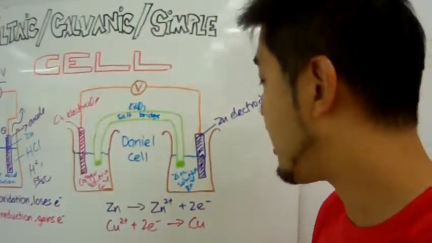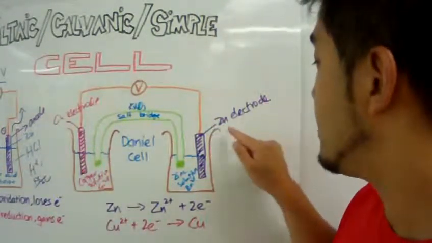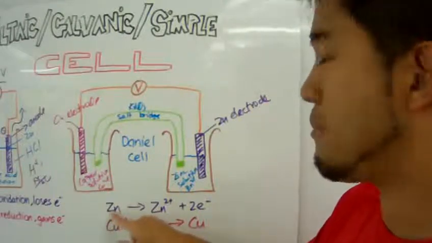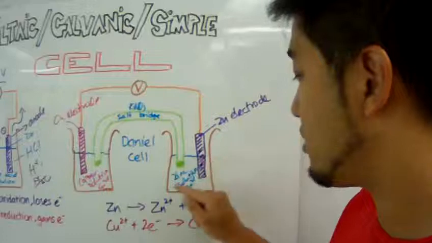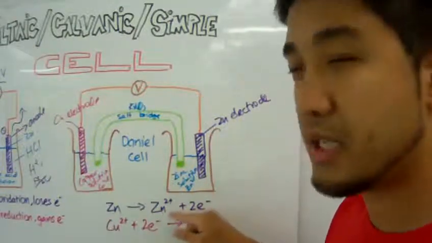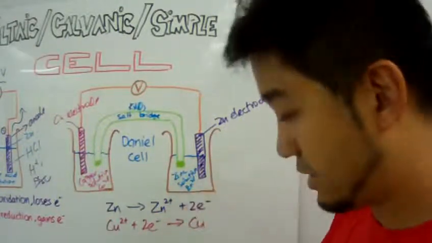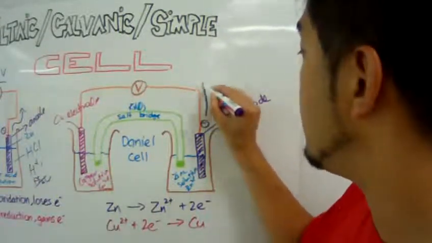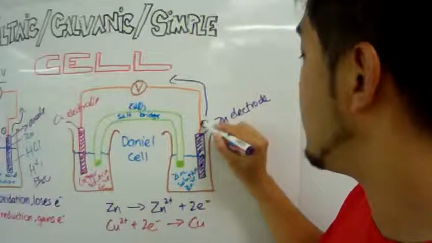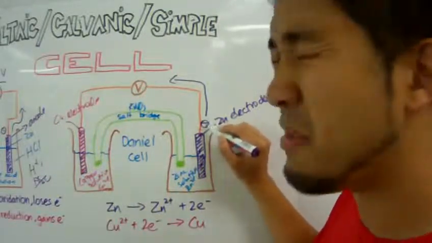So what's going to happen? Here, the zinc metal is going to lose itself into the solution to form zinc ions. As it does that, it releases electrons, and the electrons move this way. So this means that the negative terminal should be here.